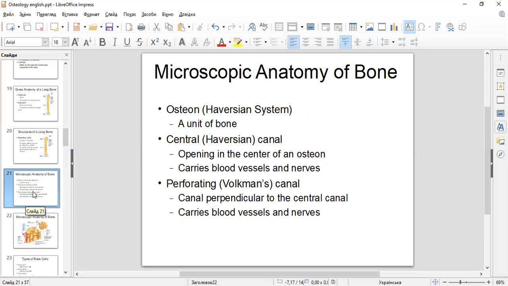Osteon, Haversian system, a unit of bone. Central Haversian canal, an opening in the center of an osteon, carries blood vessels and nerves. Perforating canal, a canal perpendicular to the central canal, carries blood vessels and nerves.